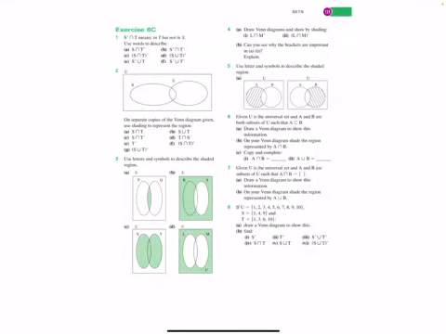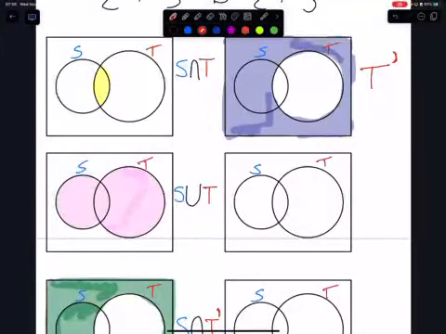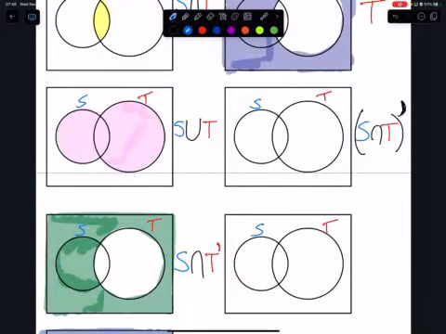F, S intersecting with T apostrophe. So the first step is, this also has to do with a little bit of algebra. You have brackets. So what's the first thing you do? Look at the brackets. S intersecting with T. What is S intersecting with T? Here, in the middle.